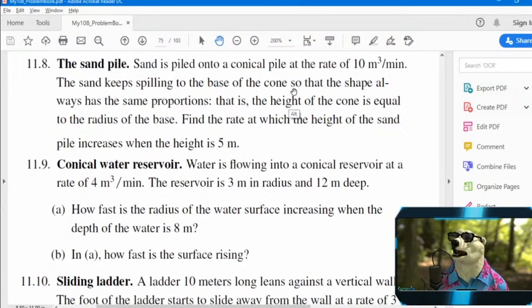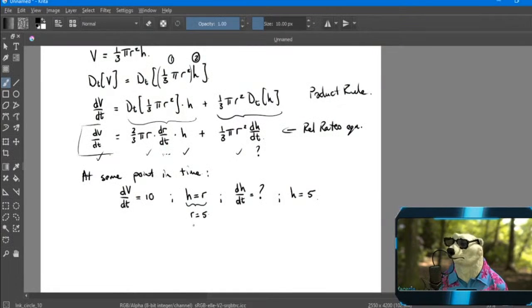And if I read the question, they do not talk about how the radius is changing in any way. But because the height and the radius are always the same, this also means that the rate of change of the radius will be the same as the rate of change of the height. So this is technically another question mark.